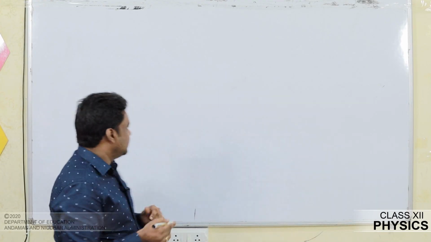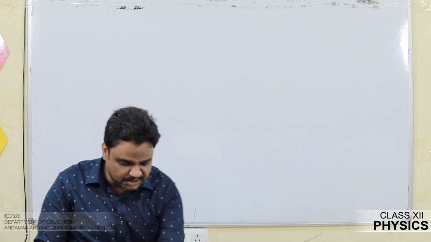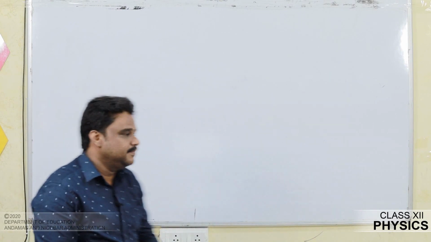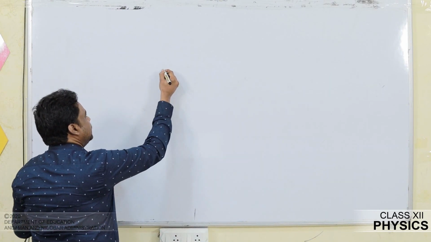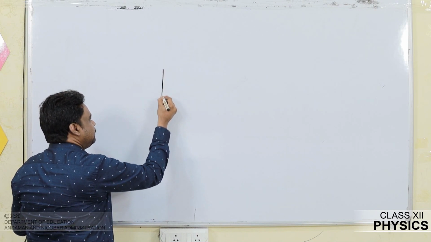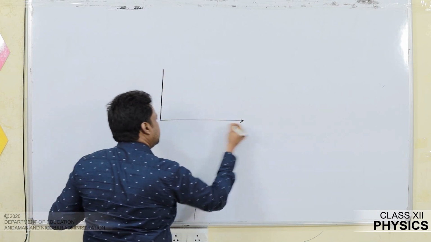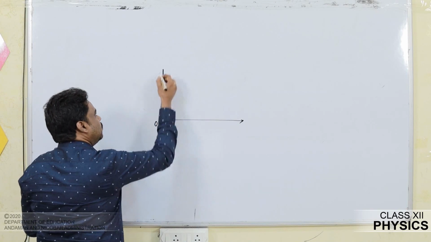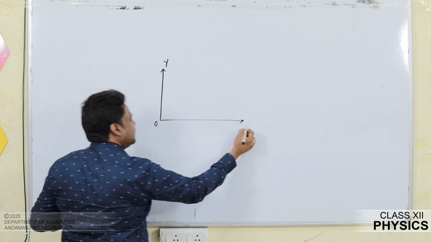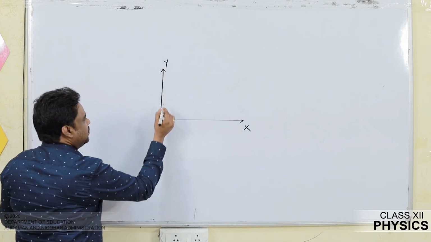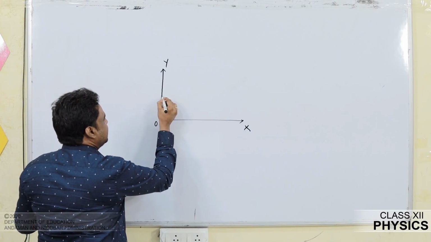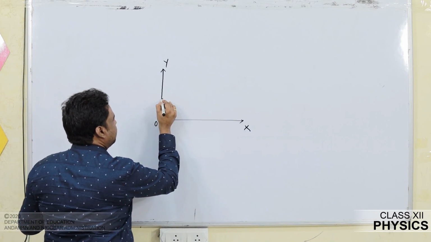So to get this, I am going to assume a uniform electric field. Say it is O, y axis, say it is x axis. How are you going to achieve a uniform electric field?